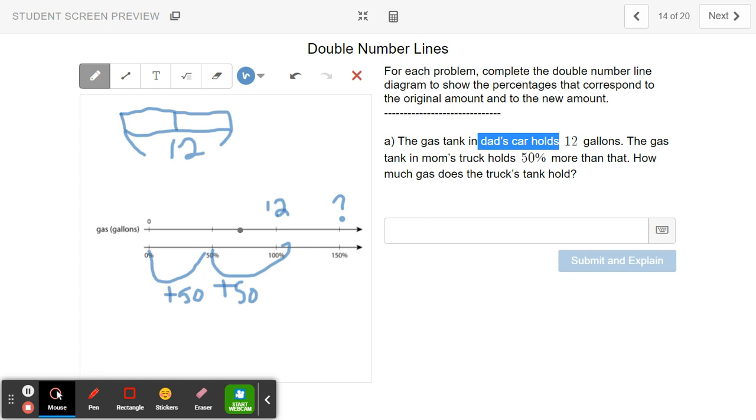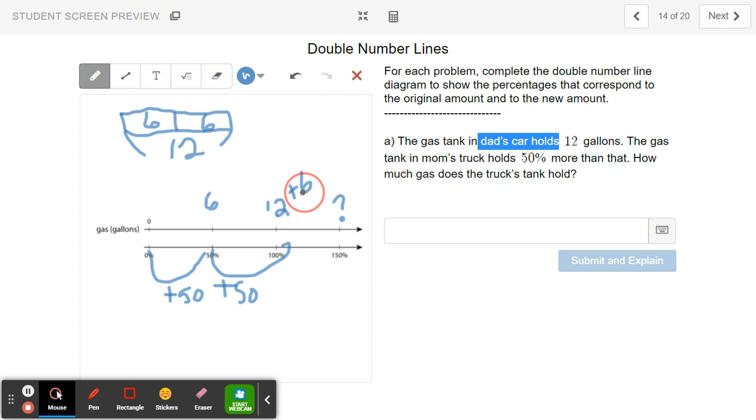So we have to figure out how much is it for each one. If you take 12 and split it into two equal groups, that means we're going up by 6, right? So this goes 0, 6, 12, and then this has to be another 6.